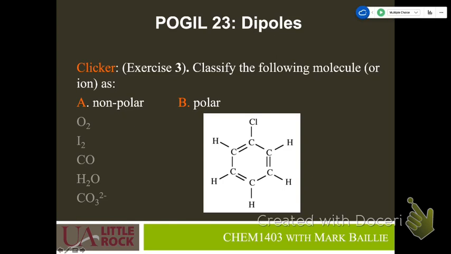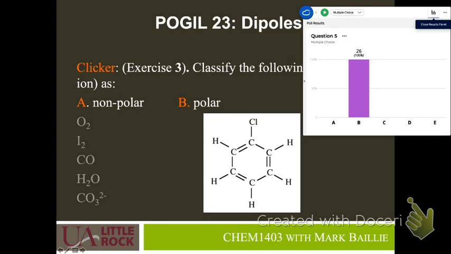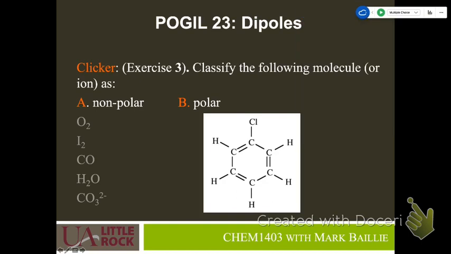Do we think we're in agreement on this one? Total agreement. Everybody in this class that did respond said that this is polar. Why would we say that this is polar? New voice, please. Why would we say that this molecule unanimously is polar? Because of the chloride.